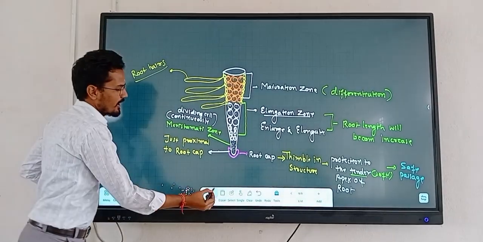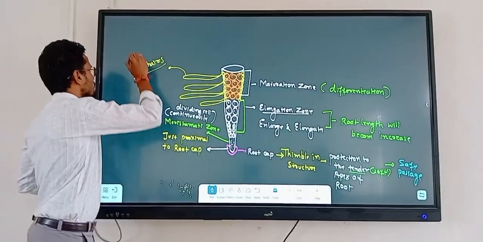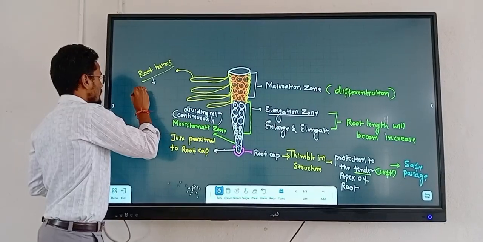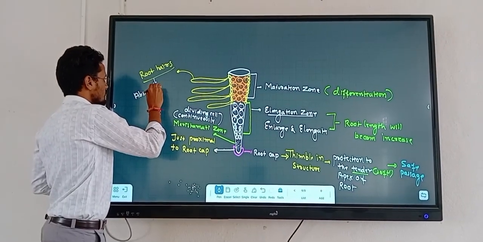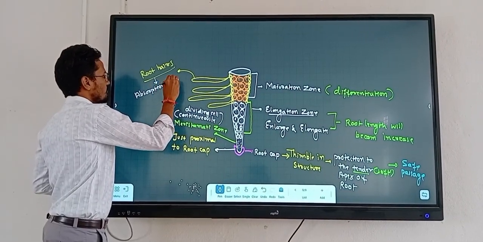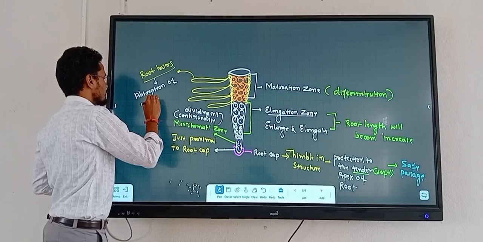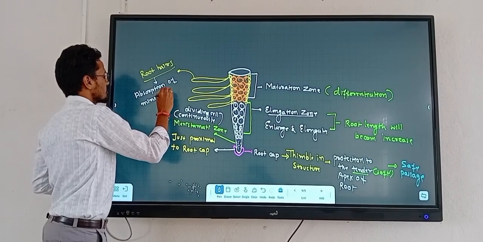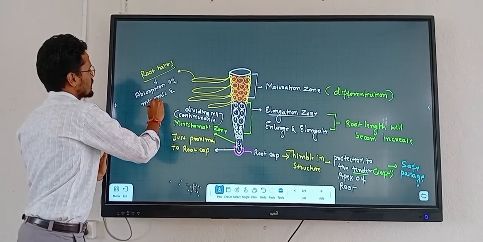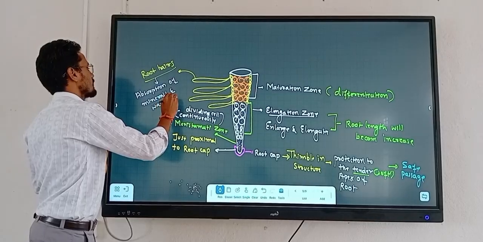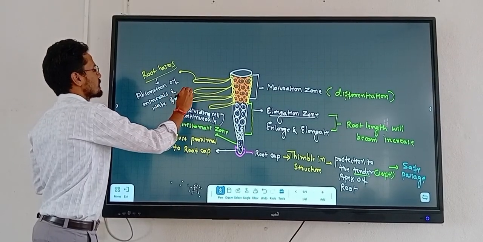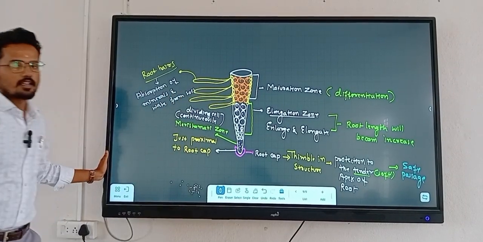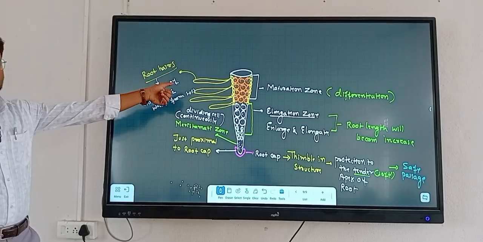These root hairs are helpful in the absorption of minerals and water from soil. Okay, this is about the maturation zone.